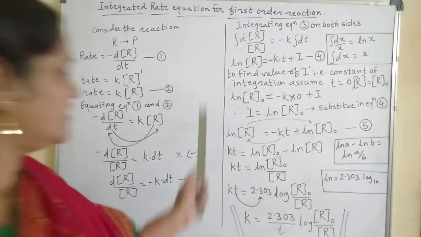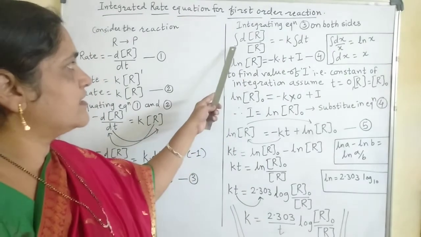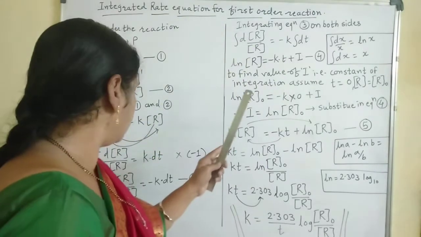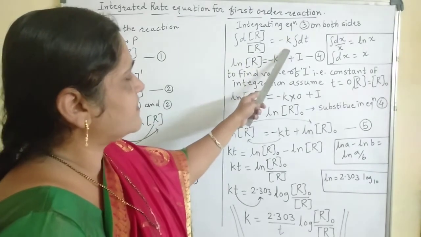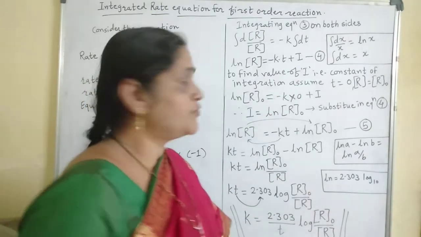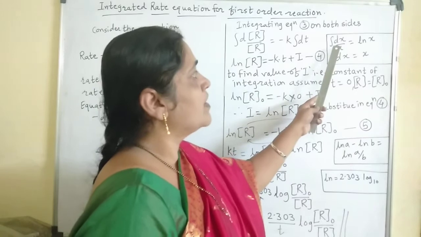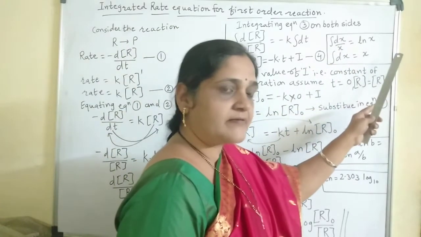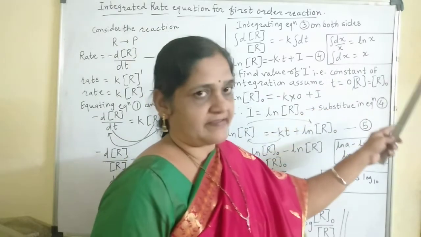Now integrating equation 3 on both sides, we get the integration of d[R] upon [R] is equal to minus k into dt. Here we are going to use two formulas: integration of dx upon x is equal to ln x, and integration of dx is equal to x.